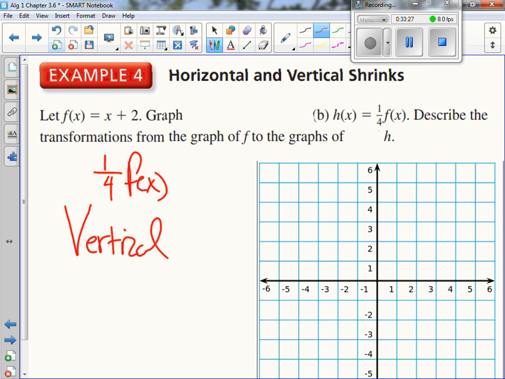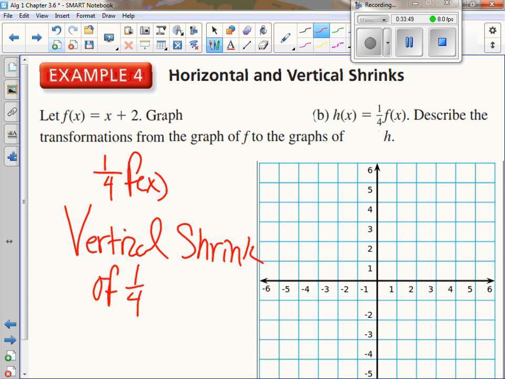Now, because the number is being multiplied on the outside of f of x, it's going to be vertical. It's a shrink because 1/4 is between 0 and 1. It would be a vertical shrink of 1/4.